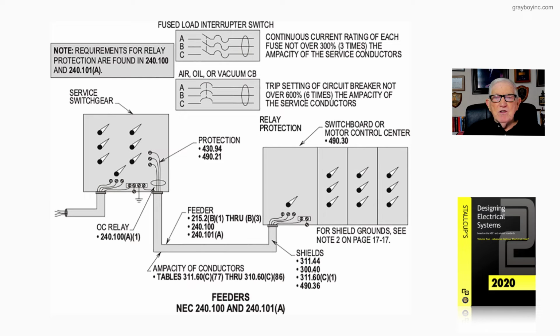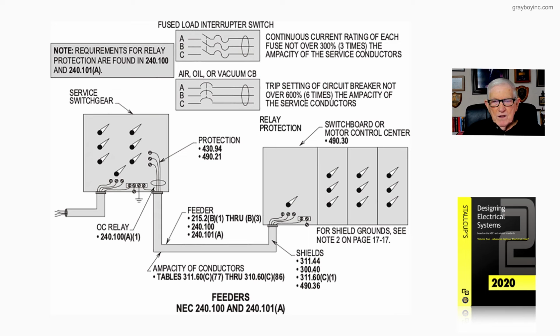The protection of the conductor is 240.100 or 240.101A depending on the type of protection that you're providing for those feeder conductors supplying that switchgear or motor control center, which is outlined in 490.30. Notice if you had shields on your conductors, how do you ground those shields?